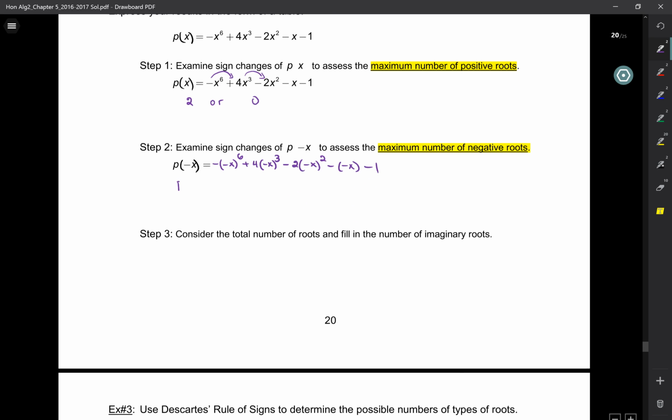That means p of negative x is negative x to the 6 minus 4x cubed minus 2x squared plus x minus 1.